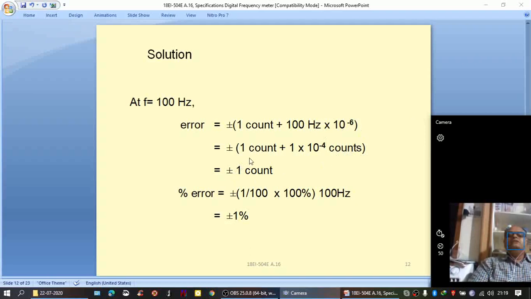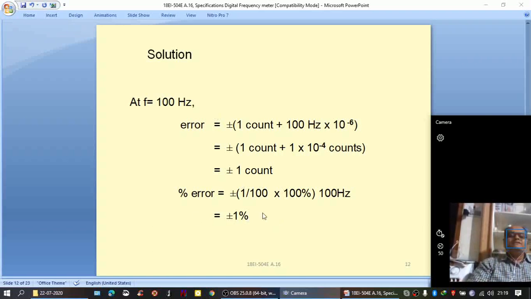So one count is the time base error and counter error is 1 into 10 power minus 4 count. When compared with one count, 1 into 10 power minus 4 is negligible, and we can say that it is approximately equal to plus or minus 1 count. So for the 100 Hz frequency signal, the error is simply plus or minus 1 count.